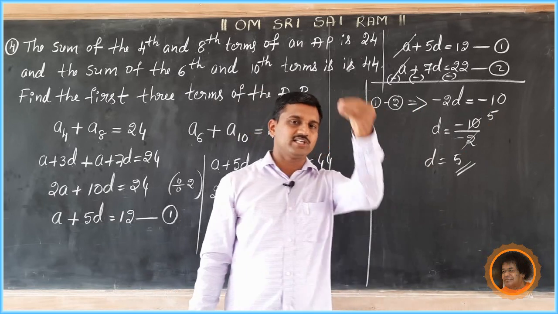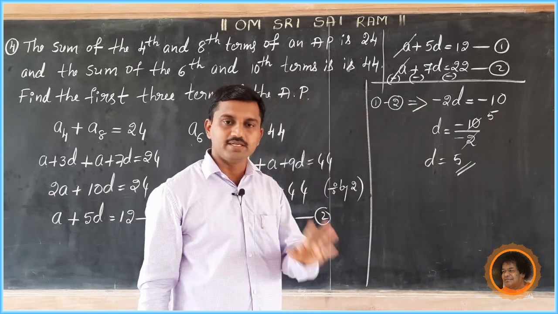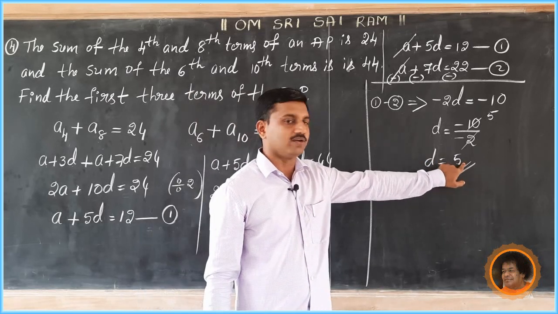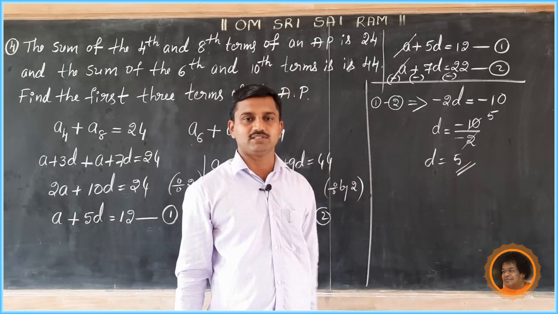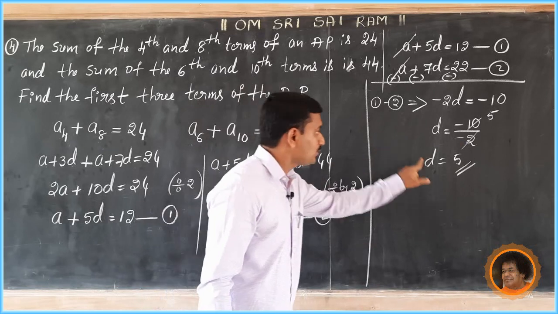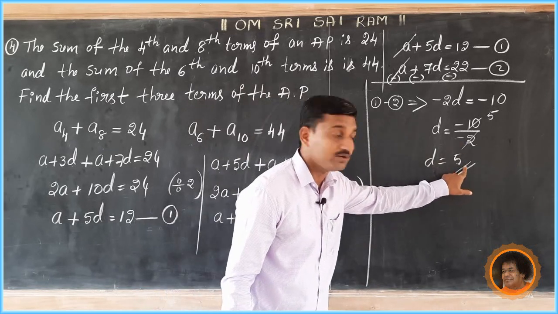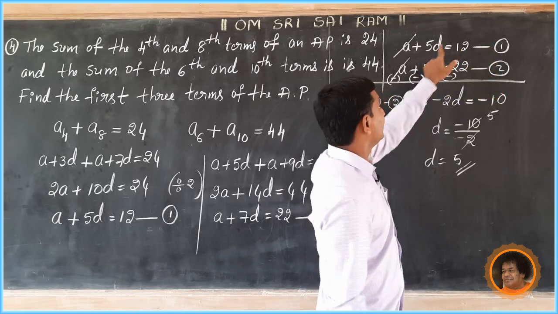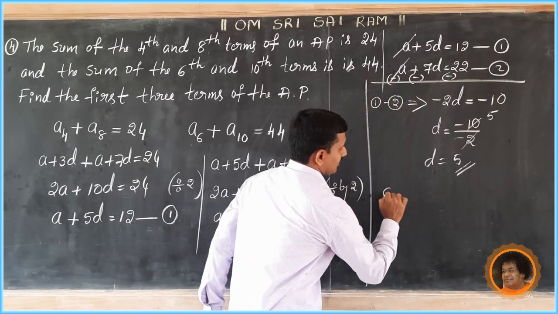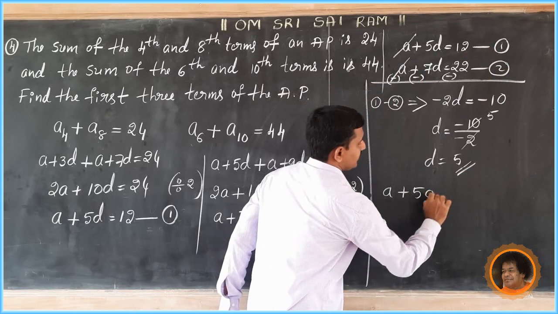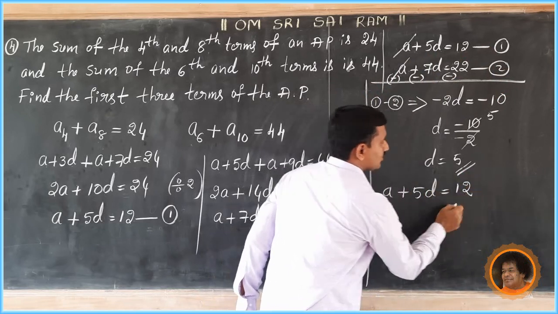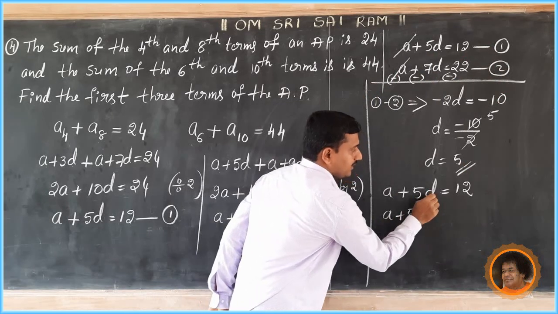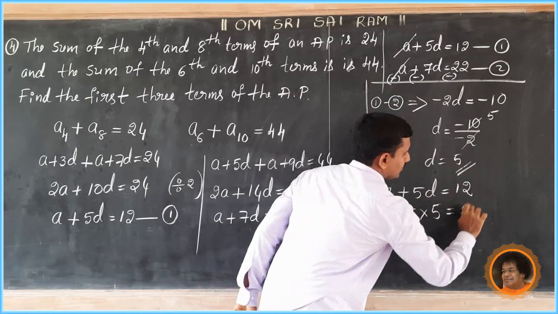Just to recall, the 3 terms of the AP are A, A plus D, A plus 2D. D equal to 5. Now how to find the first term, A? Substitute the value of D equal to 5 in any one of the equations, either 1 or 2. Consider the first equation, A plus 5D equal to 12.